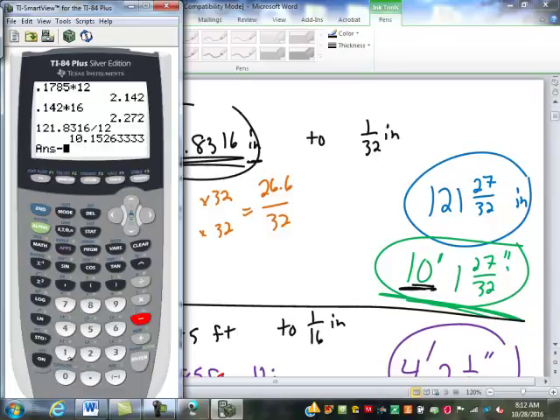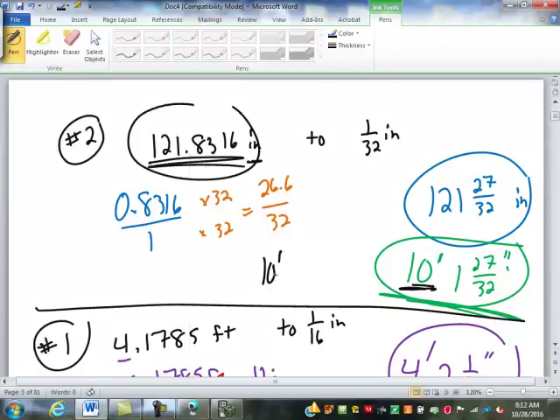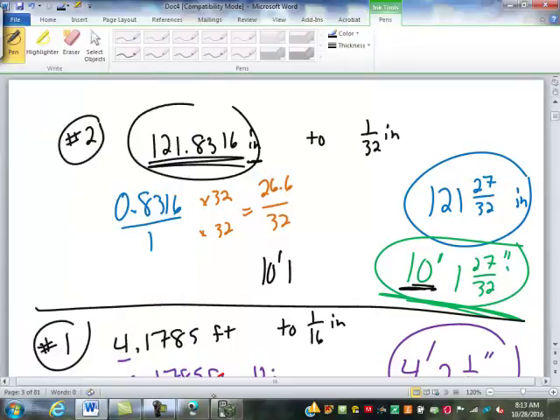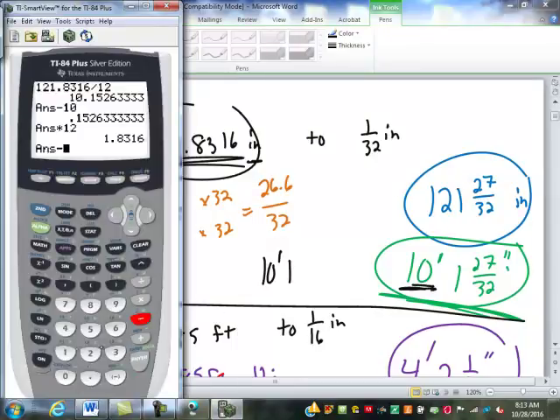So I'm just going to subtract out the 10. I wrote down the 10 feet here. Now what's left there is decimal feet. I'm going to change that back into inches by doing what? Times 12. So now it's 1.836. That's 1 whole inch. So I'm going to subtract my 1 inch.